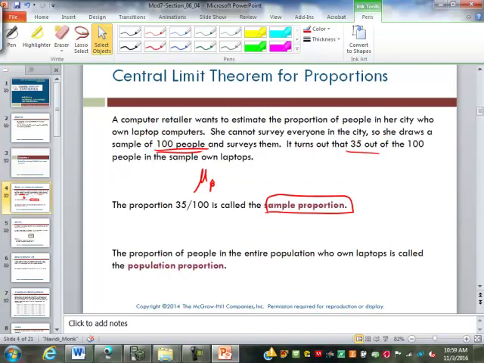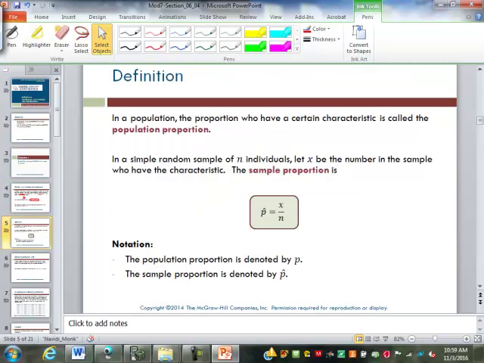Now, for all the people in the city that own laptops, the proportion, that would be the population proportion. And we're going to be relating the sample proportion to that population proportion now. In a population, the proportion who have a certain characteristic is called the population proportion. In a simple random sample of n individuals, let x be the number in the sample who have that characteristic. So the proportion, p hat, is just x over n.